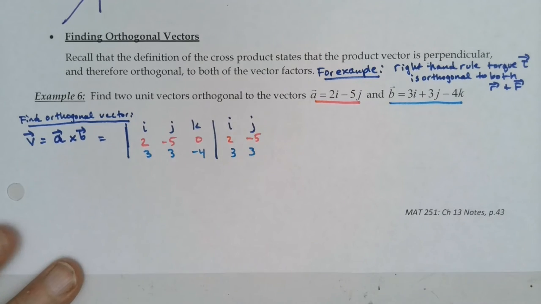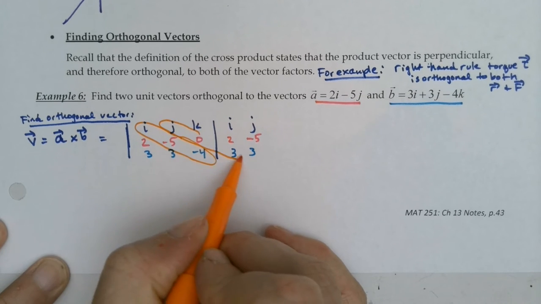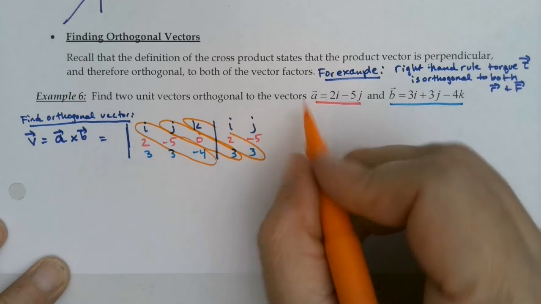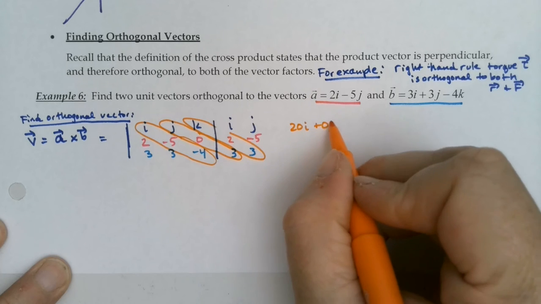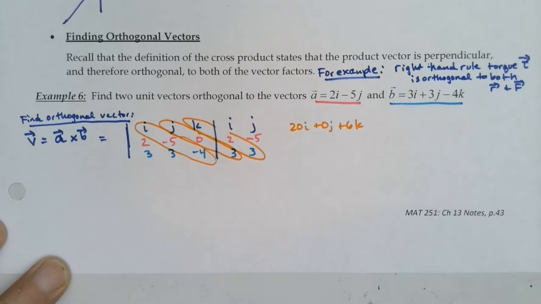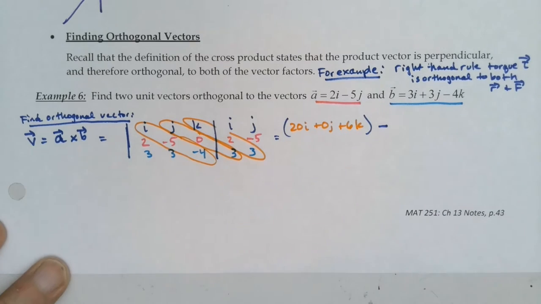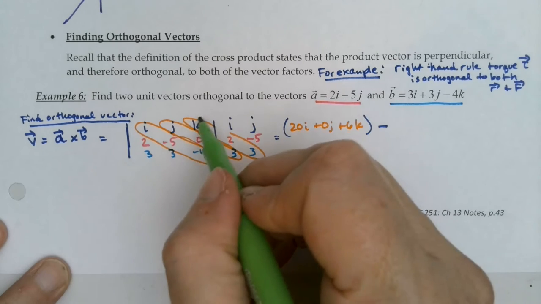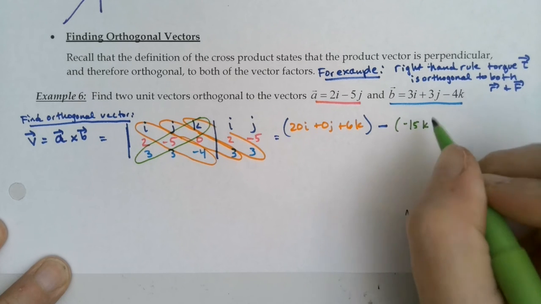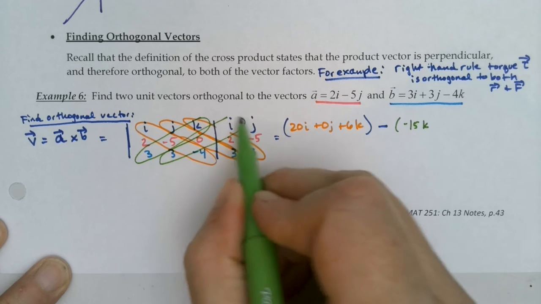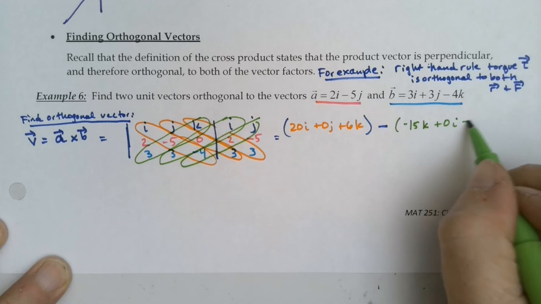And yet again, we do the diagonals. So 20, 0, and 6. So it's 20i plus 0j plus 6k, minus, and then I'll go the opposite direction, -15k, 0i, and then -8j.